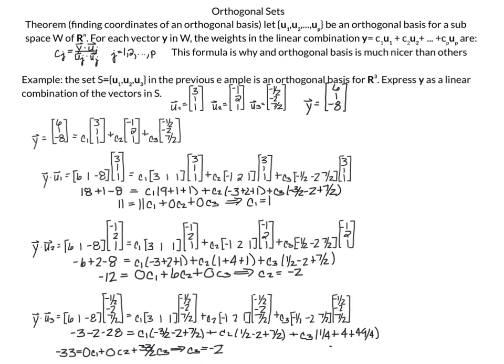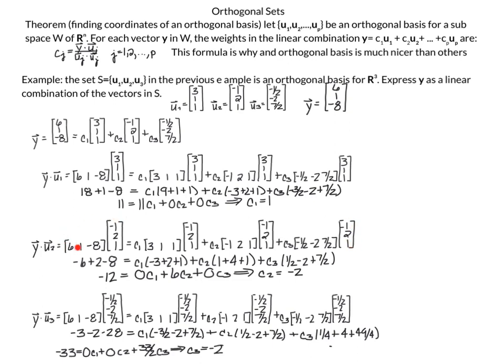So again, if you're like me and you don't like memorizing formulas, you do have to remember you're going to write your y as a linear combination of your basis vectors, and then you're going to dot the entire equation by one basis vector at a time. To find c2, we're going to dot with u2. So here I have my y times my u2, plus c1 times my u1 vector times my u2, c2 my u2 vector times u2, plus c3 u3 vector times u2.